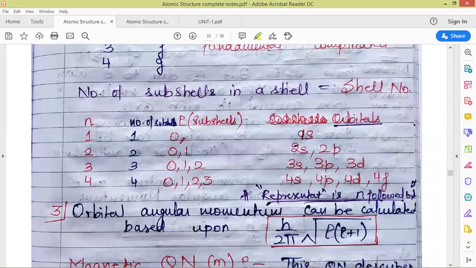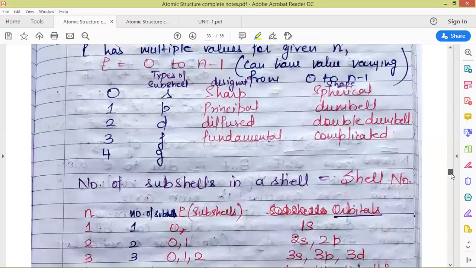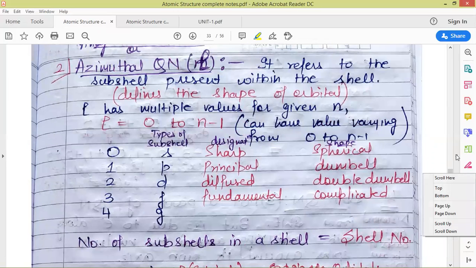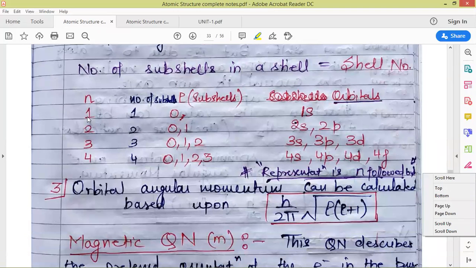So that subshell will be represented by 1s. 0 stands for S, and 1 will be followed by S. Here 1 represents the principal quantum number, and S represents the azimuthal quantum number.